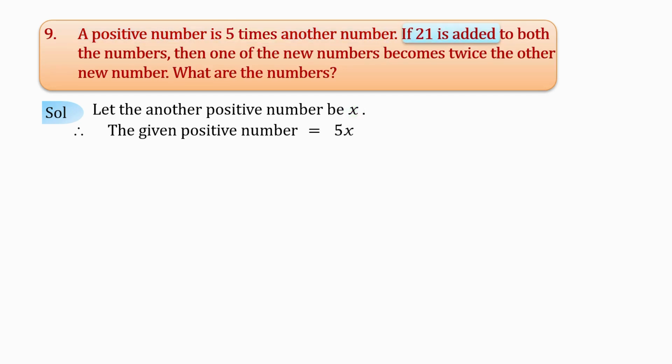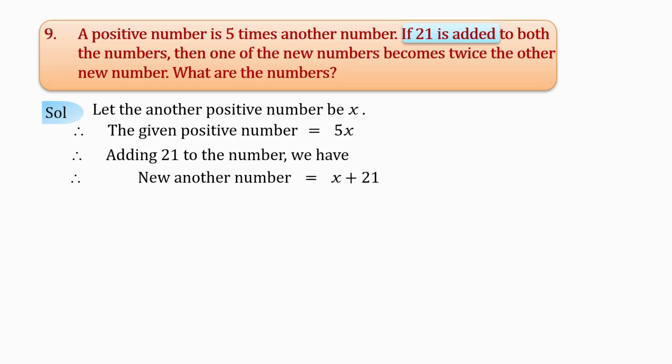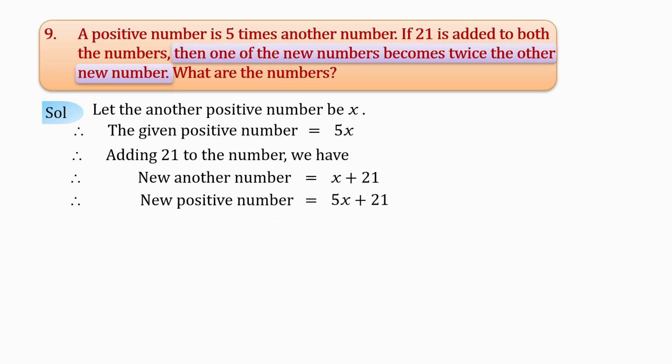Now if 21 is added to both the numbers, after adding 21 we get the new number as x plus 21, and the new other number will be 5x plus 21. Now another condition is given: one of the new numbers becomes twice the other new number.